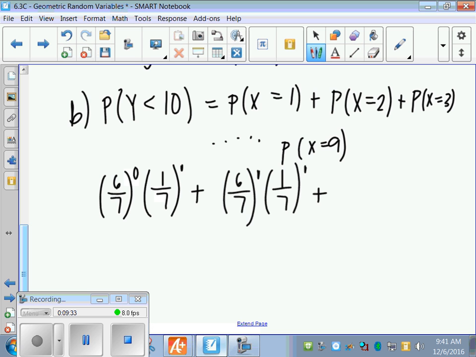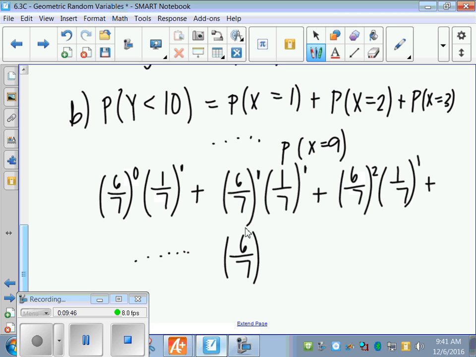Make sense? See the pattern? So on the third one, we have to get it wrong twice and then get it right on the last try. Right? All the way up to the 9th one, meaning 6 out of 7 times we got it wrong here, 6/7 probability, but we got it wrong 8 times, and then we finally got it right on the 9th time. Okay?